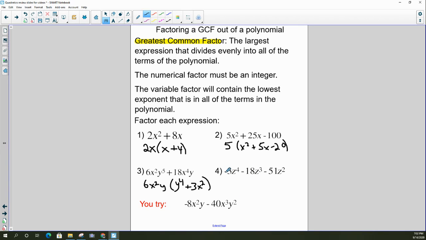So in this case, I'm going to take out a negative 3 because it goes into all of them. And then z is in all of them, and the smallest exponent is squared. So my GCF will be negative 3z squared. Now when I divide everything, I'll get z squared plus 6z plus 17.